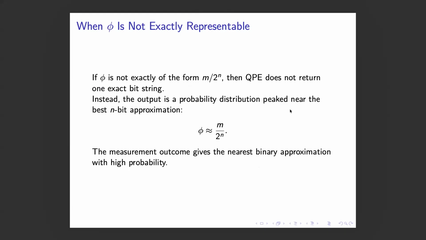So if it's not exactly of this form, then the QPE does not return one exact bit string. That's a problem we have to face with the QPE, because a finite number of bits cannot represent exactly all floating point numbers, it can only approximate them.